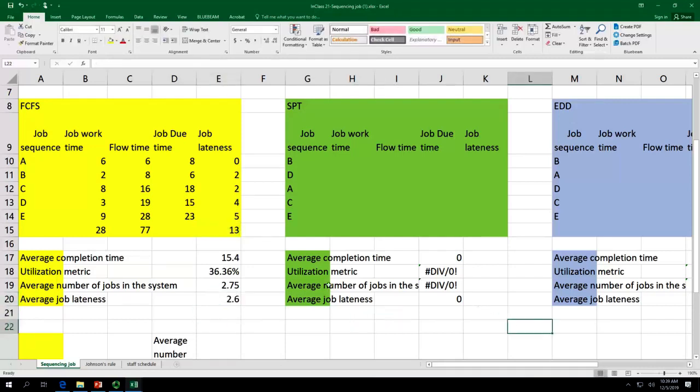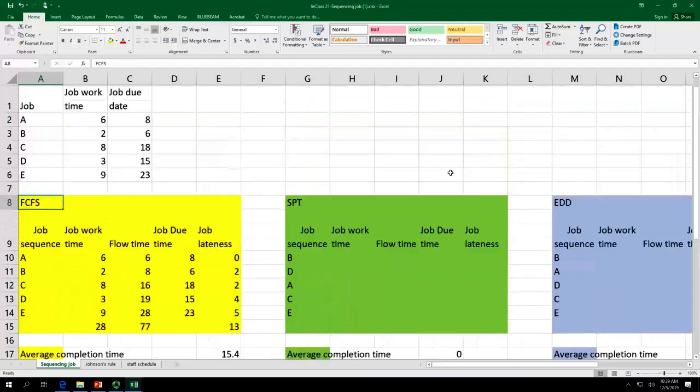So here it is first come, first served. For shortest processing time, you need to look at which one is the smallest. Here 2 is the smallest one, and this one will go first.